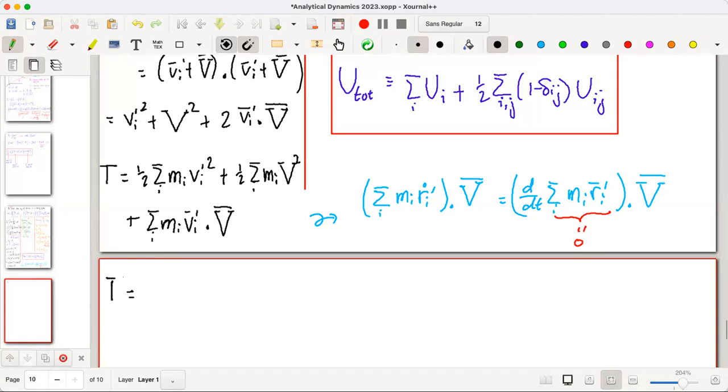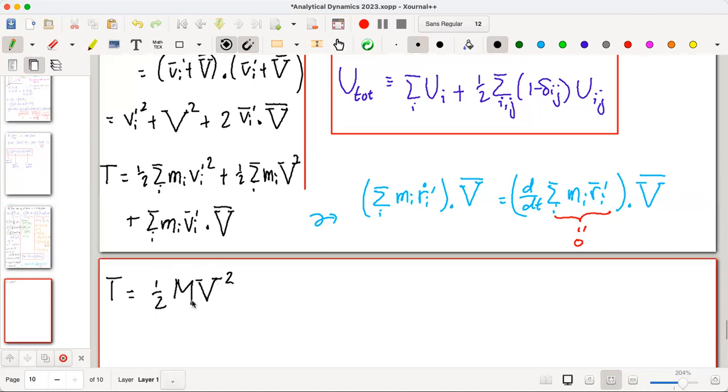So now T can be written as, let's take a look at this. In the second term, the summation is for m only, because the capital V doesn't have any index on it. So I'm going to write down the second term as one half capital M, because the sum of mi is this capital M, the total mass, times the capital V squared. What is this?